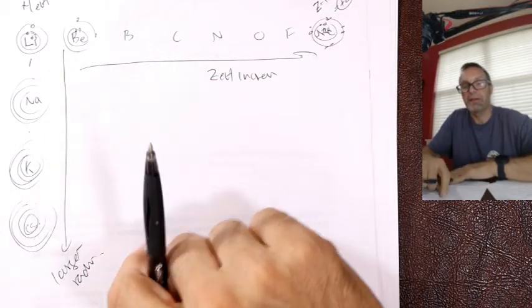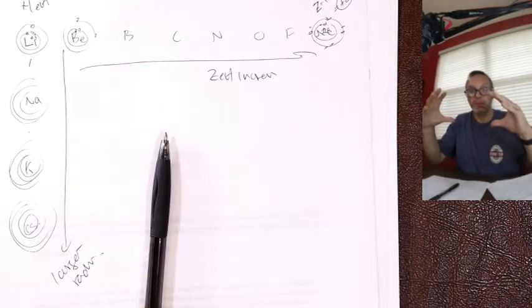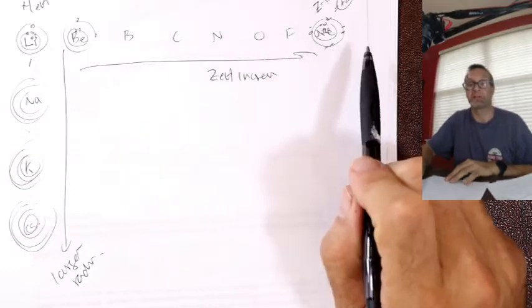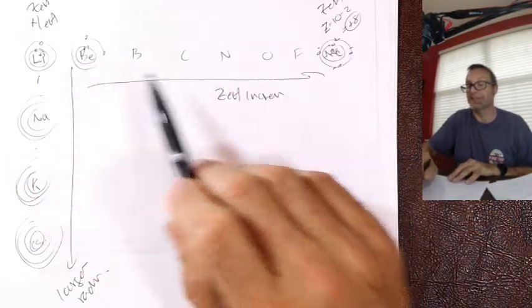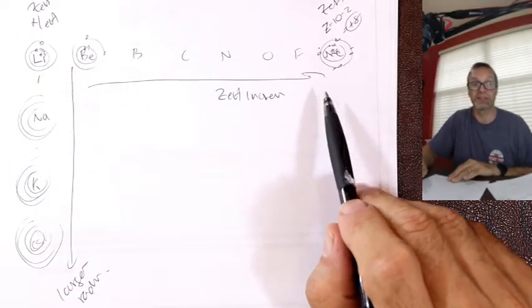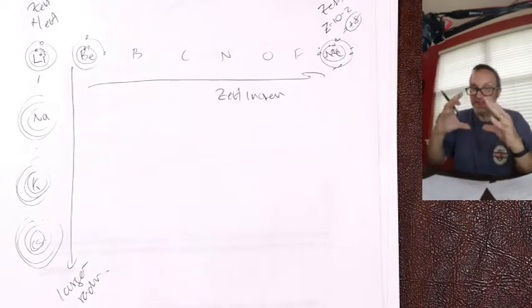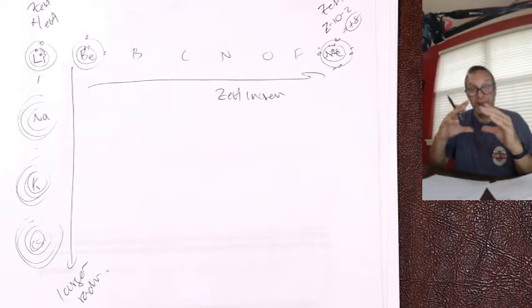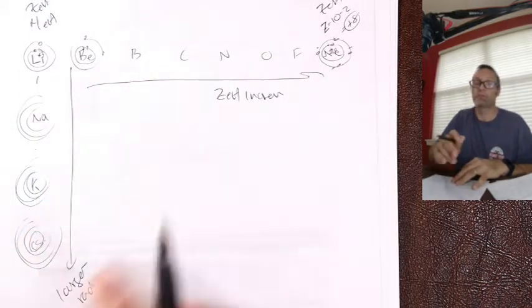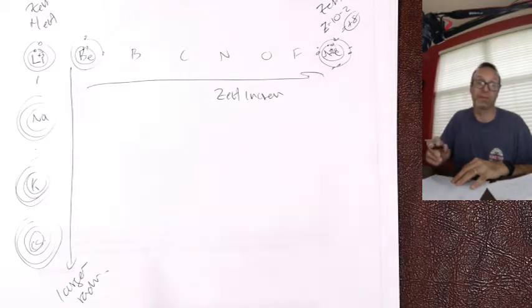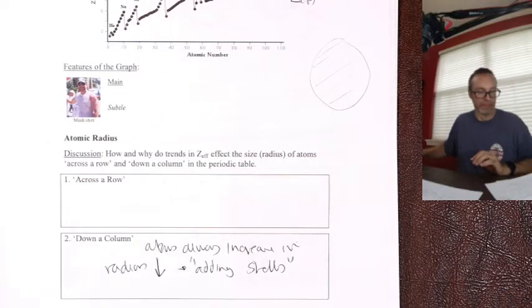What effect does that have? Well, think about it. It pulls them in just a little bit. So actually we get a slight contraction across every single row, because as the effective nuclear charge increases, the pull on the electrons increases and they just tighten up just a little bit. So it's very slight, but it's true for every row. Atoms shrink slightly as you go across every row because of the increase in the effective nuclear charge.